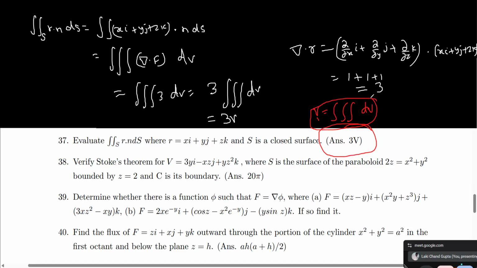39. Can you try 39? Because I already told you how to find scalar potential. So you try first, I will tell you second. There are two questions in 39. Determine whether there is a function phi such that this.